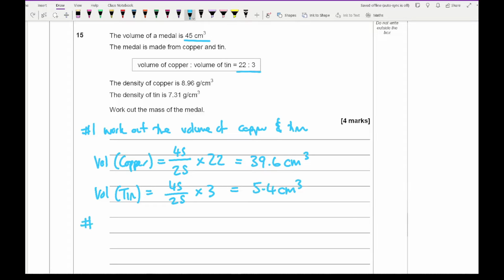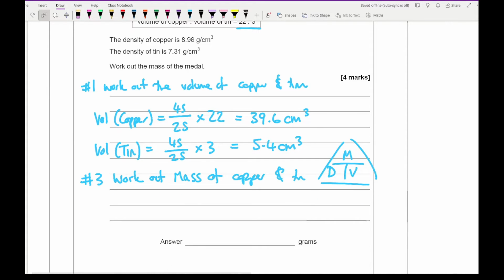So then what I can then do is work out the mass of copper and tin. And again, that's by using the formula density, mass, volume. If you think about your triangle, so density times the volume.